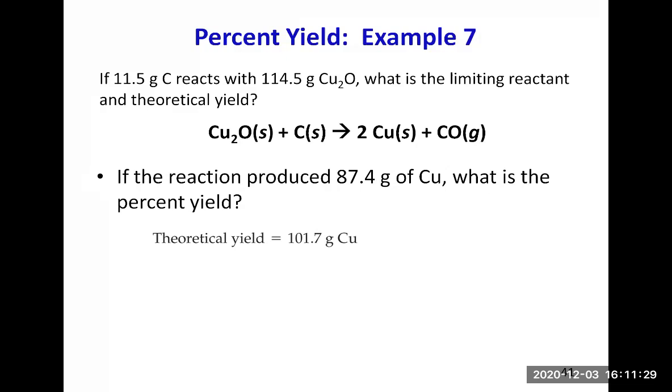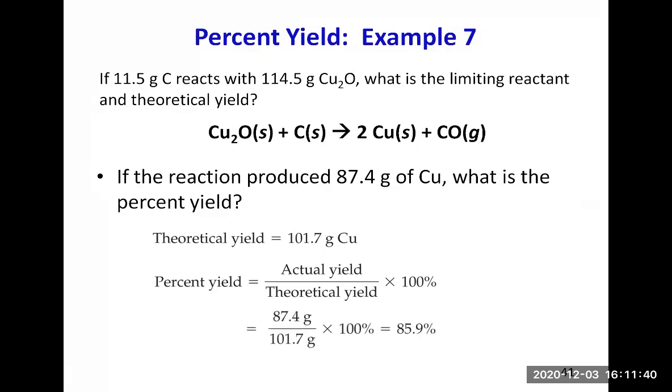101.7 grams of copper. And so to calculate the percent yield, you do the actual yield over the theoretical yield times 100. And so that's 87.4 grams over 101.7 grams of copper times 100. And that comes down to 85.9% yield.